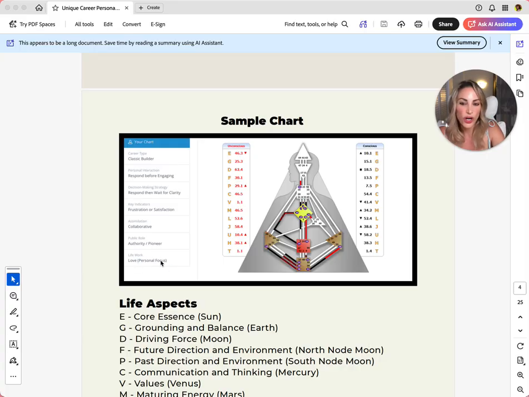And then your life work is composed of these four traits there. You can look these up online, ChatGPT, Claude, whatever AI you use, and start to understand your conscious and your unconscious core essence, grounding and balance. Essentially it's the sun, this conscious energy there, and the earth is the grounding, what grounds you, and that's what creates your life work.